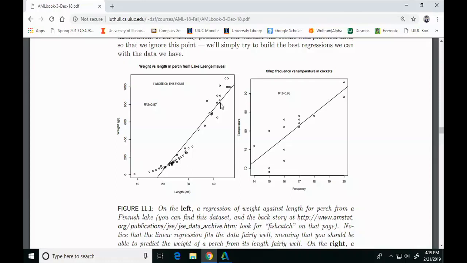You'll also notice that regression can make terrible mistakes. If you look at a fish that is only 10 centimeters in length, the weight, according to this, should be about negative 100. So obviously there's a problem with that regression: it's making a prediction that doesn't even make sense.